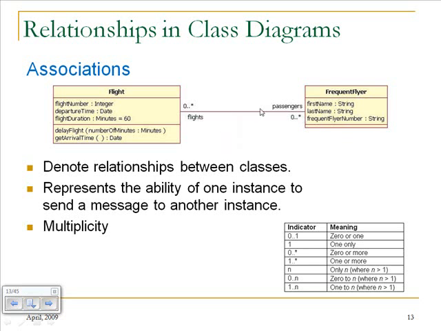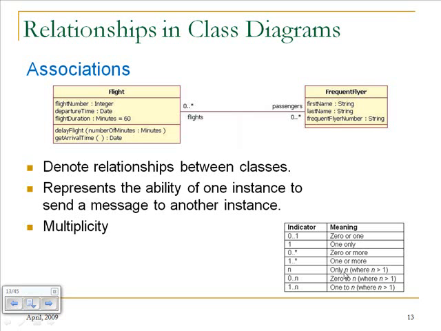If you have 0, dot, dot, star, it means you can have 0 or more. So in this case, if you have a flight, you can have more than 1. You can have 0. Okay. As far as the frequent flyer, you can have again more than 0 or 0 associated with each flight. Okay. And then if you have 1 or more, it's going to be represented as 1, dot, dot, and a star, meaning 1 or more.